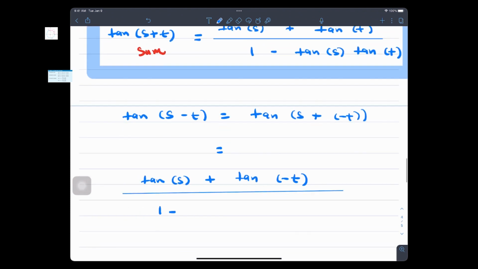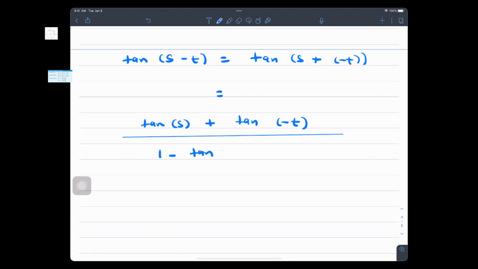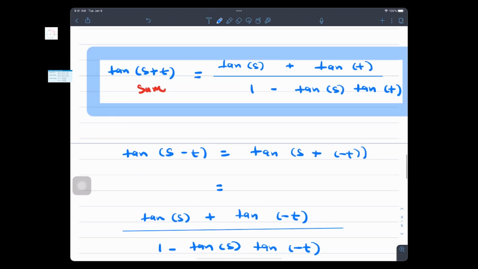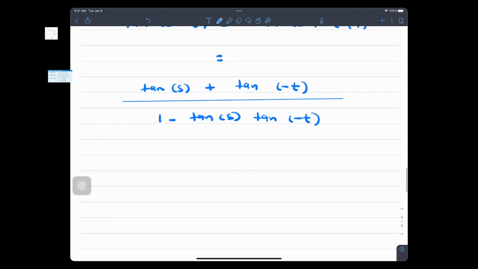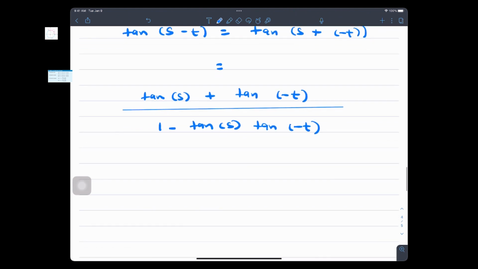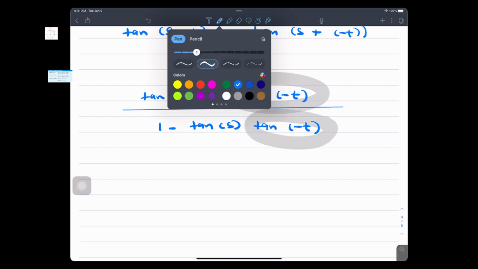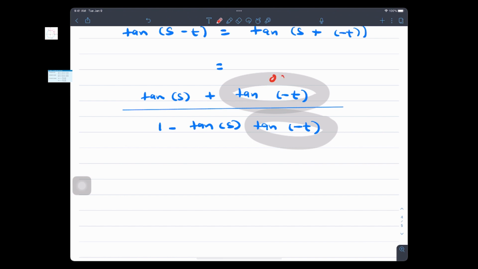1 minus tangent S, tangent minus T. So then that difference, remember, what do you guys know about this tangent here? Is tangent even or odd? They're odd functions. Is that right?